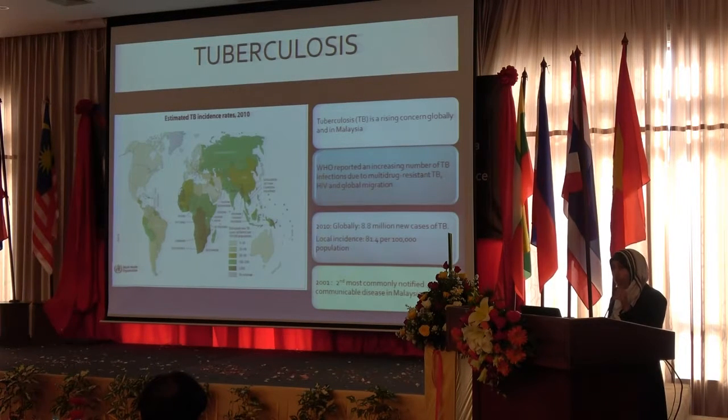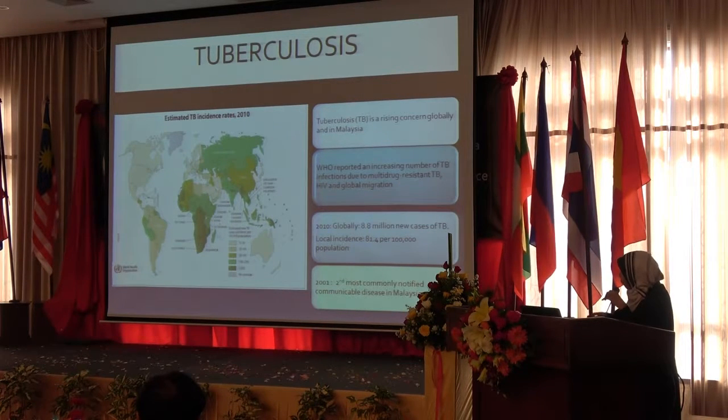Mainly, a few factors were identified, firstly due to multi-drug resistant TB, with the increased incidence of HIV and also global migration. And in 2010, globally, there were 8.8 million new cases of tuberculosis, and in our local Malaysian incidence, it was 81.4 per 100,000 population. I'm sure this is a common problem that we are all sharing.